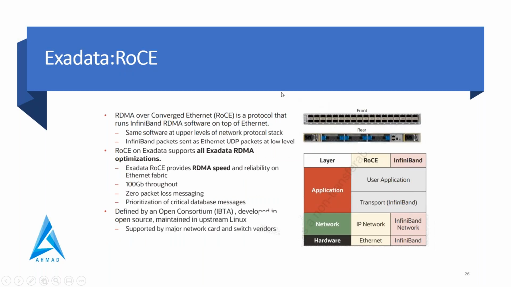So what is ROCE I'm talking about? That is RDMA over converged Ethernet. This is the protocol that runs InfiniBand RDMA software on top of Ethernet. If you see on the right side of this slide, this figure will talk about this.